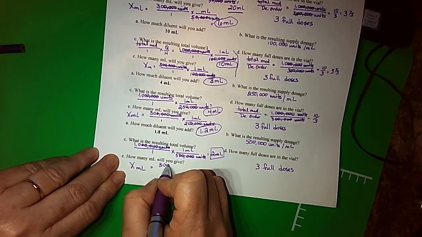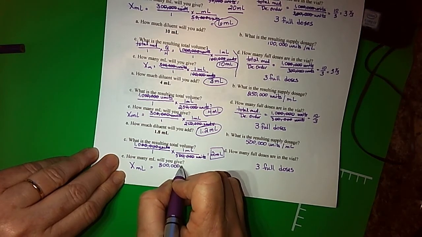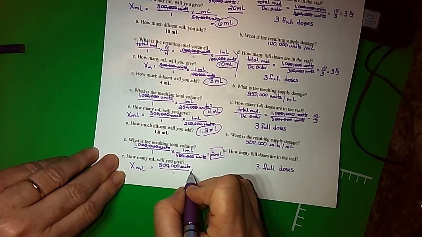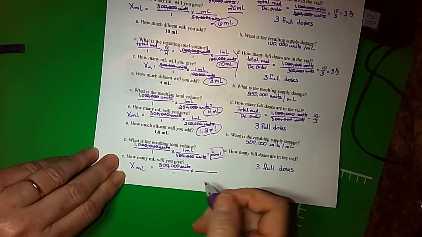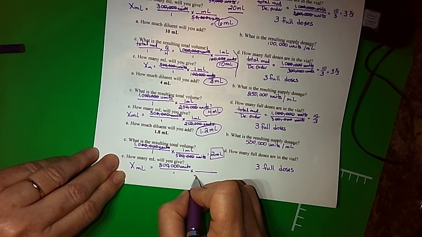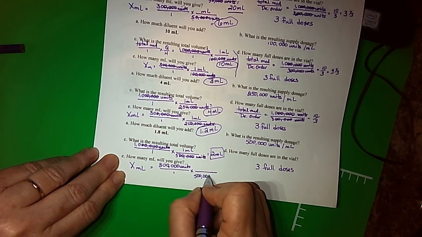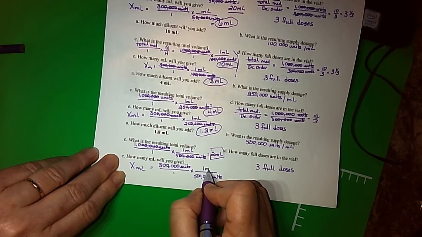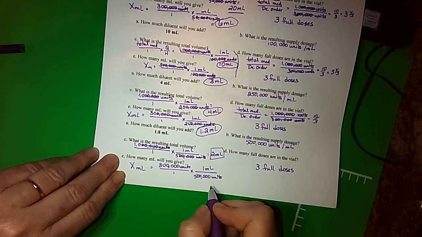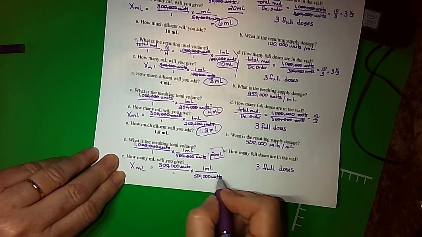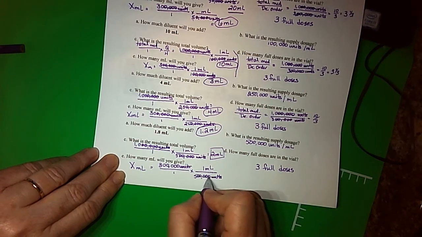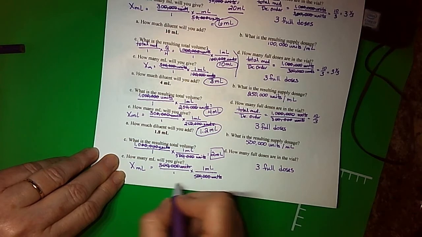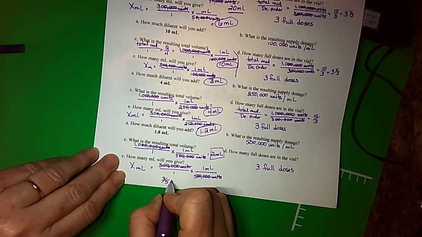Doctor's order is for 300,000 units over 1 times my supply. My supply is 500,000 units per 1 milliliter. So my quantity over my supply, or over my dose. So units cancel. 5 zeros. Cancel 5 zeros. So I end up with 3/5.